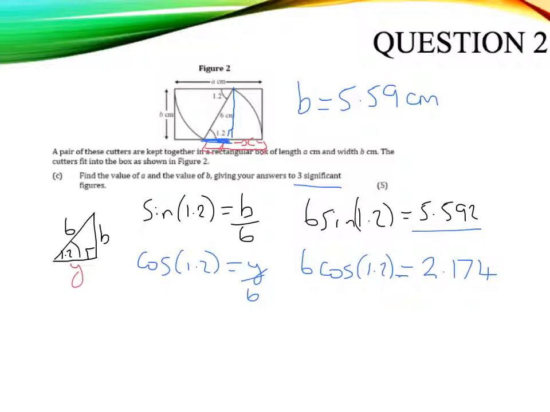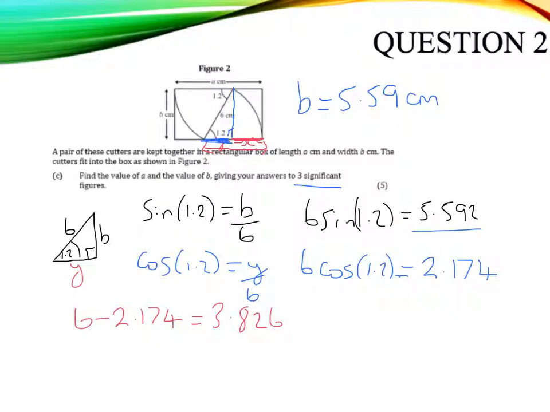I want to know the red bit, X. So I need to do 6 minus 2.174, which is going to give me 3.826. And what's that I found?